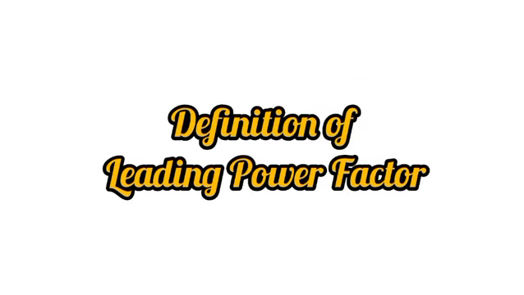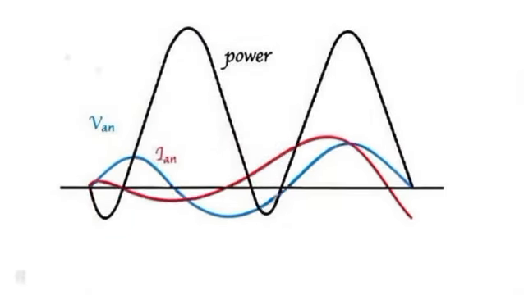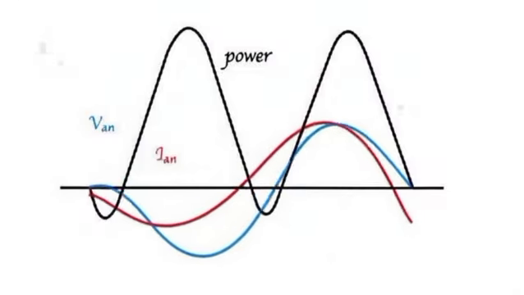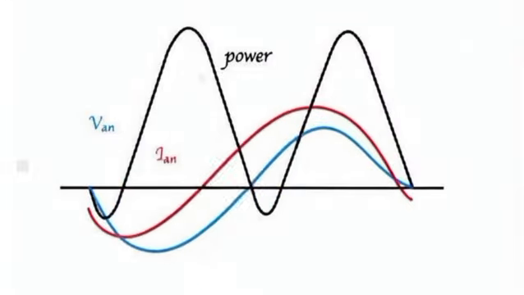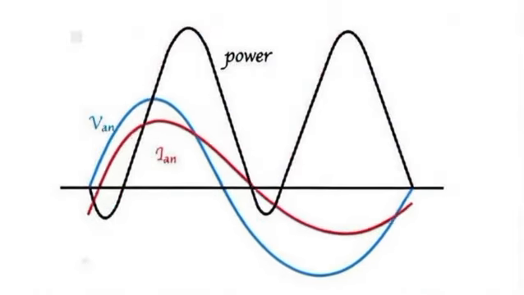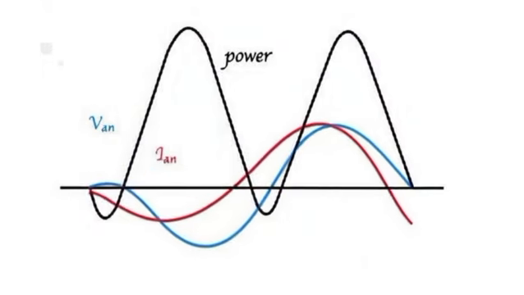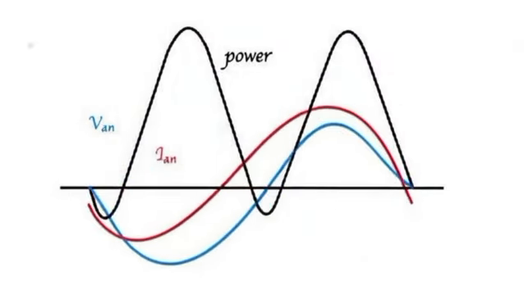Definition of leading power factor. The leading power factor in an AC electrical circuit is attained by the use of capacitive load in the circuit. As in the presence of a purely capacitive load or combination of resistive capacitive load, the current leads the supplied voltage.